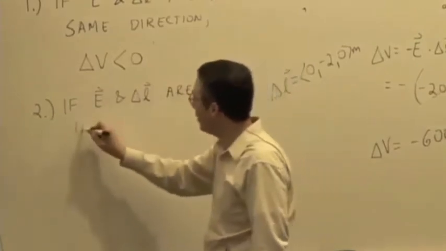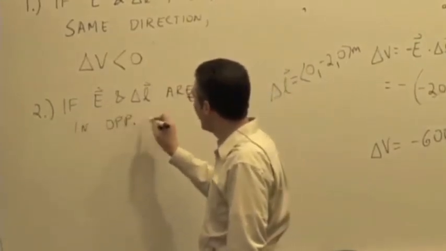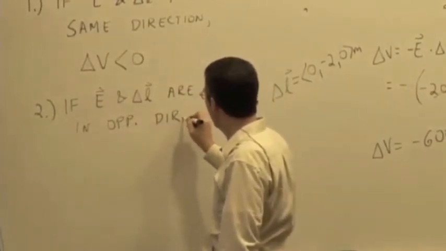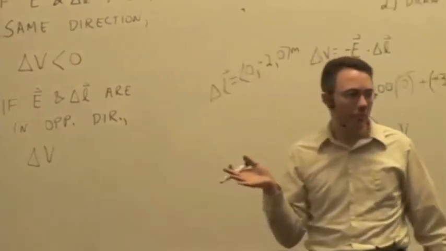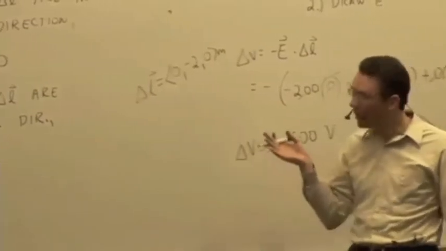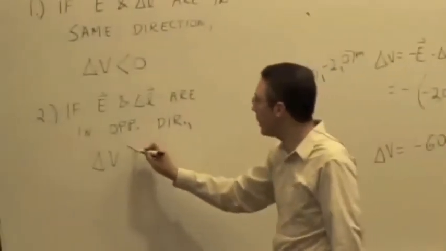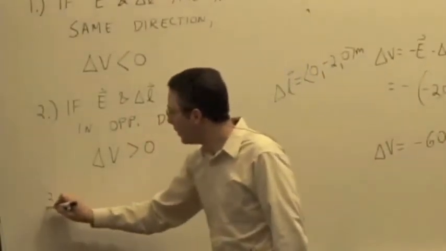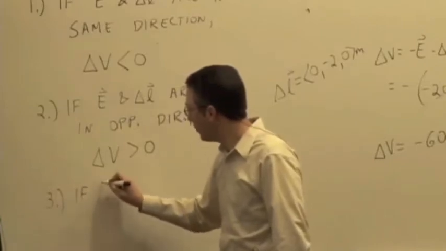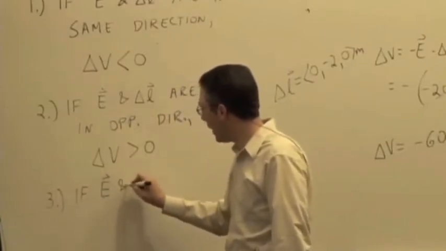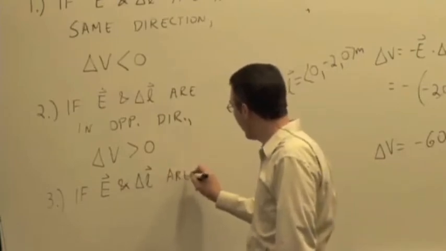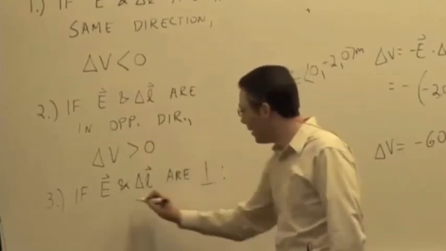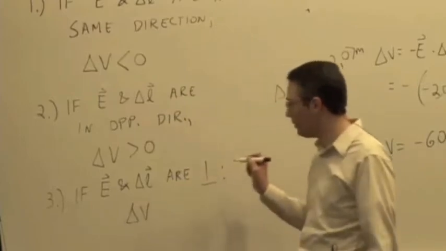If the electric field and delta L are in opposite directions, then what do we get for delta V there? Positive. It was something greater than 0. If the electric field and delta L are perpendicular, then delta V was 0.